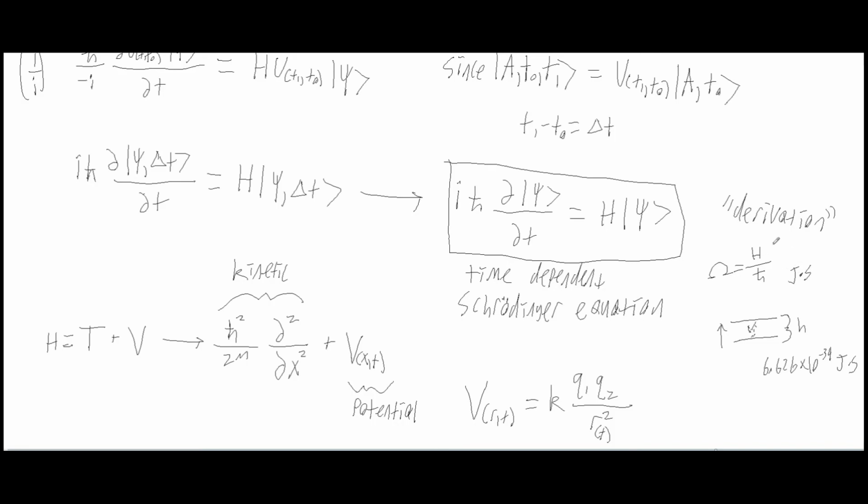And so we know that this has to be joules here, because if we multiply both sides by the h bar, this we know has the 1 over seconds, and then that gives us joules.